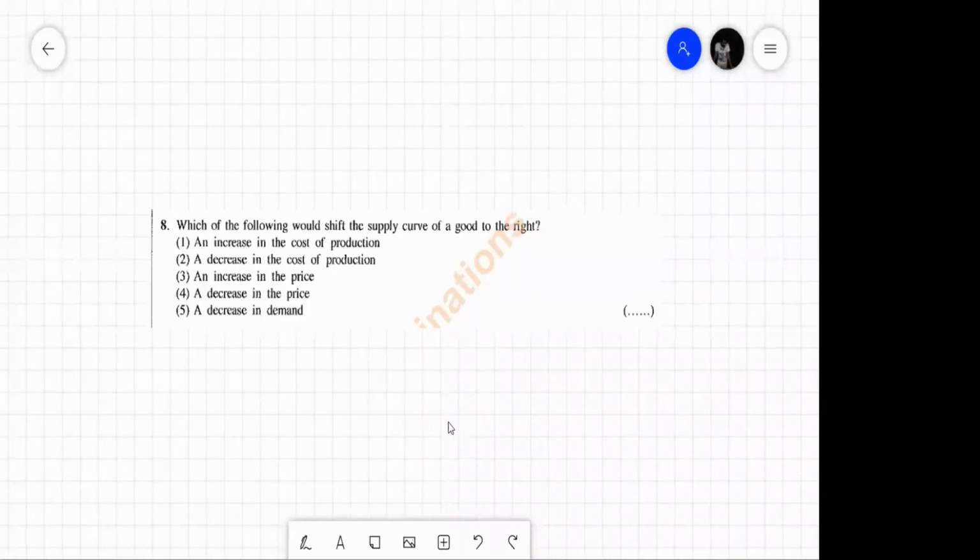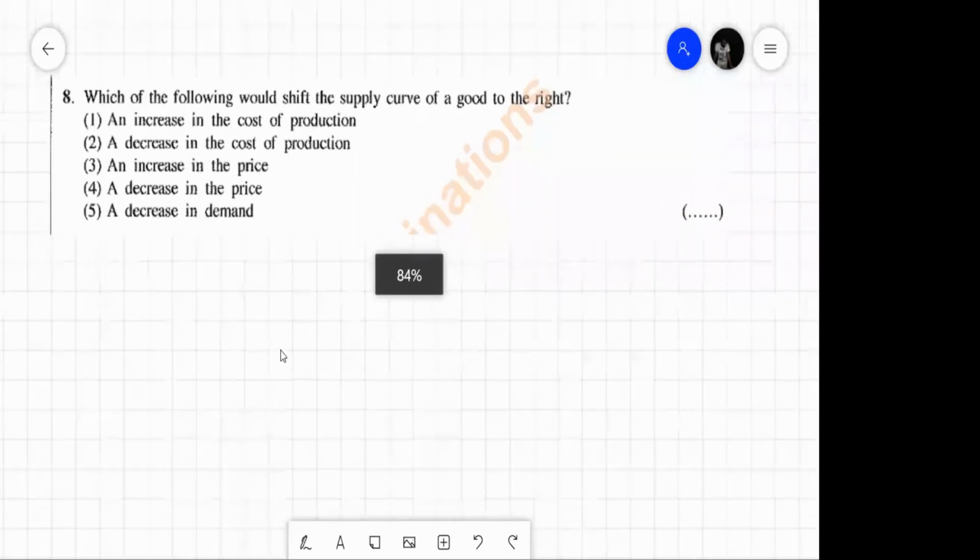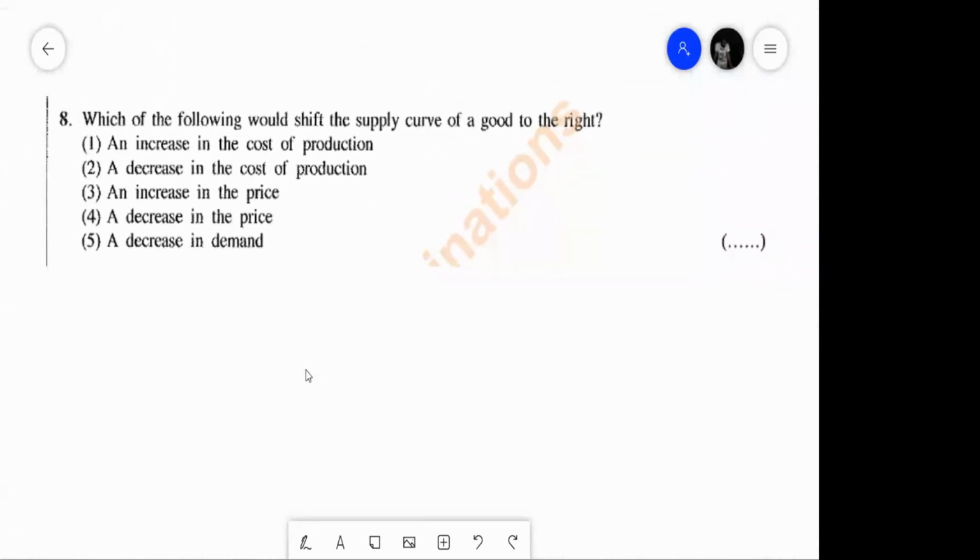Okay, 8. Okay, easy one. See, they give you a little tricky MCQ and then they give you the easy ones. Which of the following would shift the supply curve of a good to the right? I have no idea why they are giving the hard type question. Okay, easy one, guys.